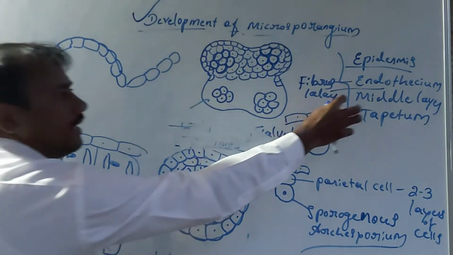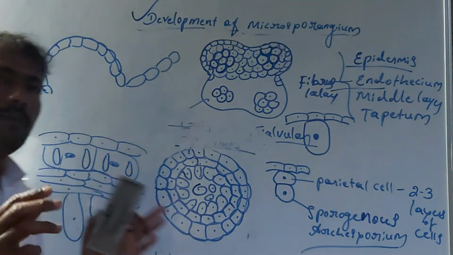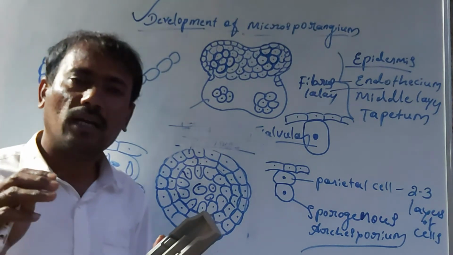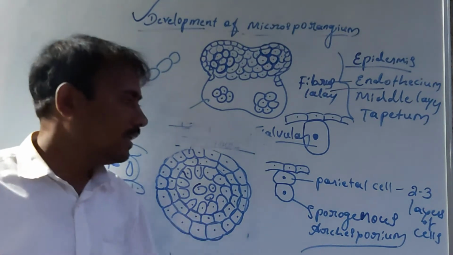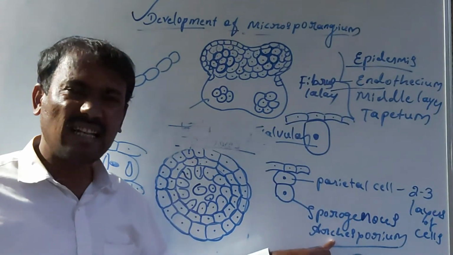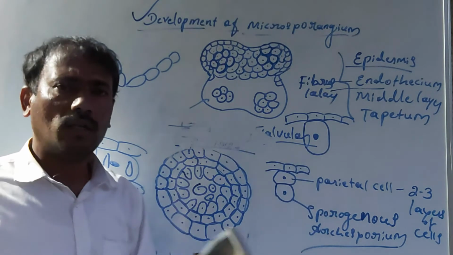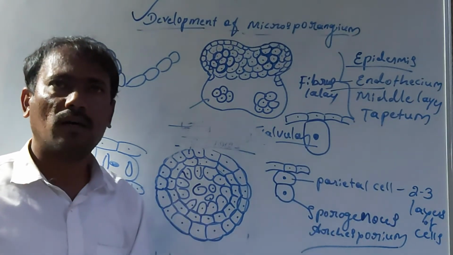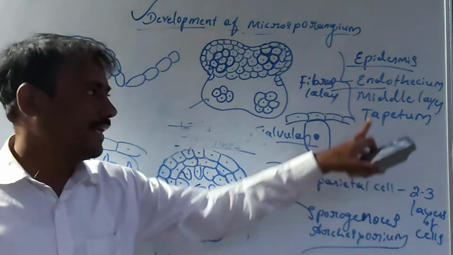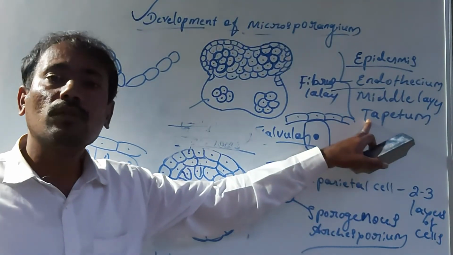Next to the middle layer, there lies a tapetum. The tapetum is the innermost layer of the anther wall, directly abutting upon the sporogenous tissue, or sporogenous cells, or archisporium cells. Different types of tapetum are observed and studied in different plants. Anyhow, the tapetum is a nutritive tissue.